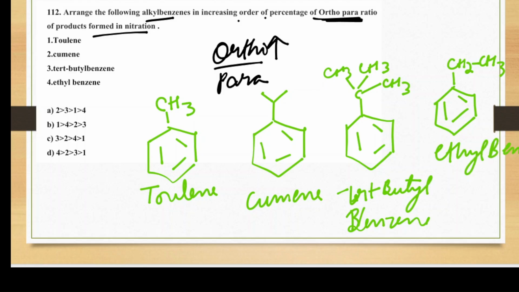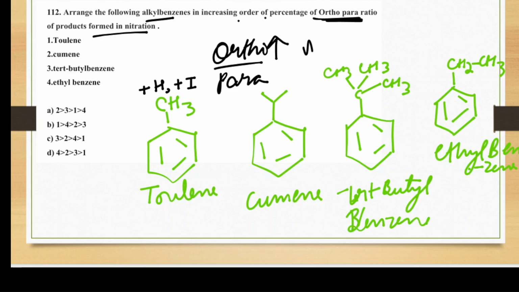All of these molecules have alkyl substituents attached to the benzene ring, and all of them are capable of applying the inductive effect or the hyperconjugation effect to the benzene ring, making them ortho-para directing in nature.